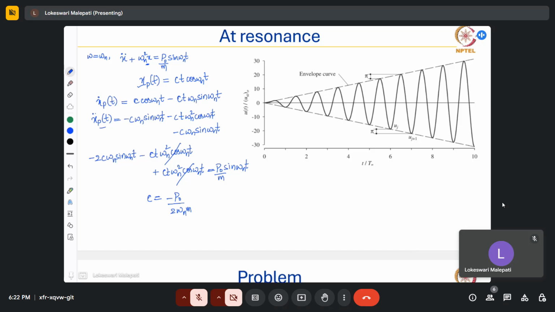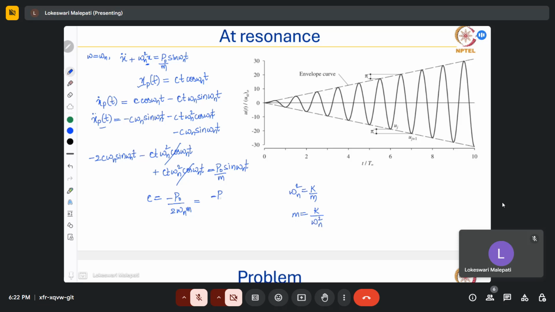And let's substitute this in the equation. So m can be written as, omega n square is equal to k by m, which means m is equal to k by omega n square.